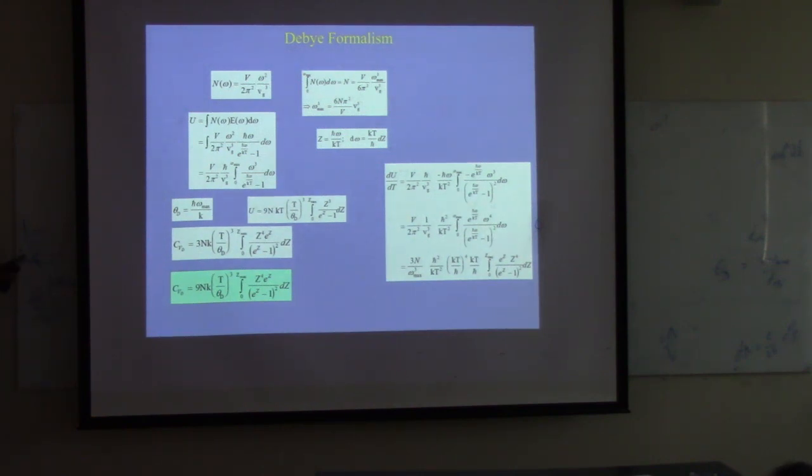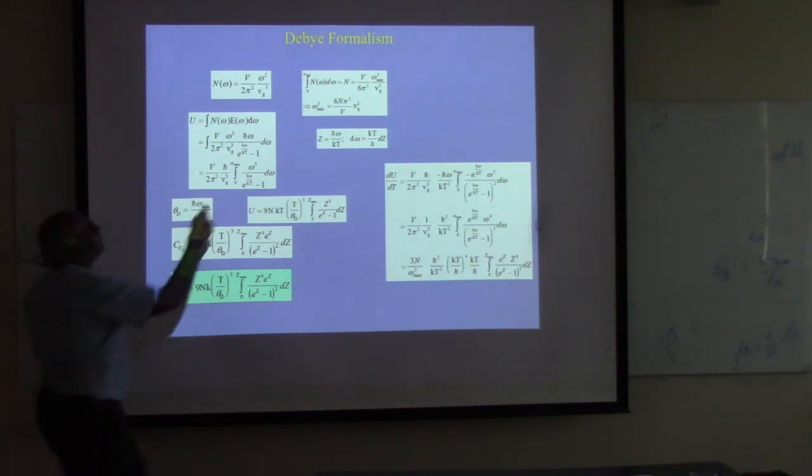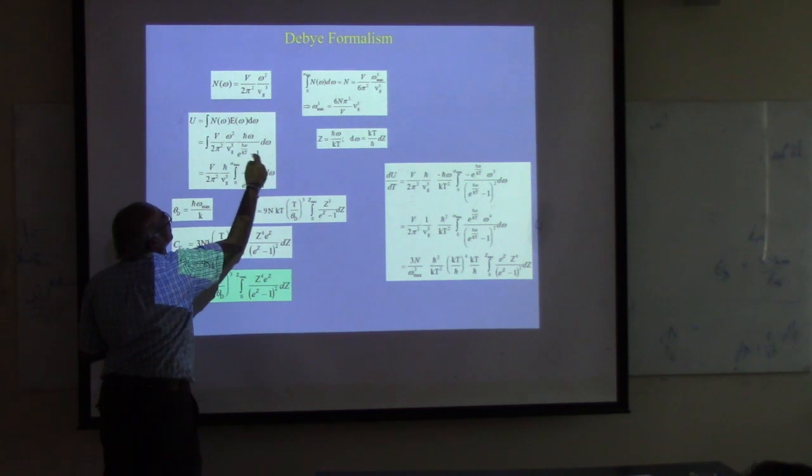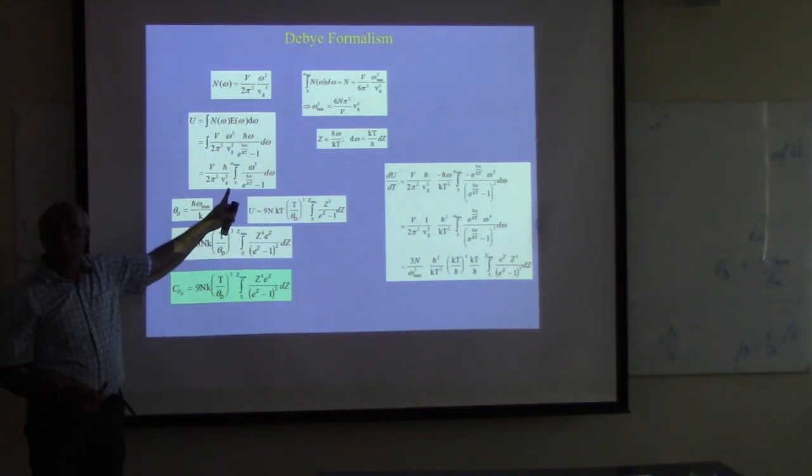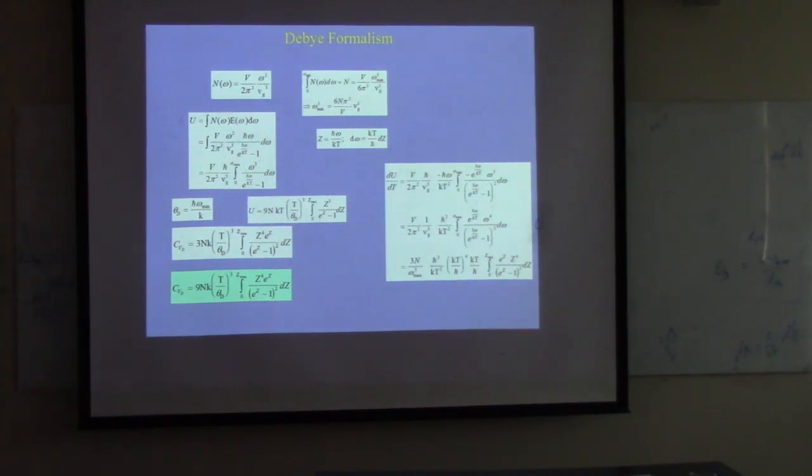Please remember, for one oscillator, the average energy of an oscillator is given by h cross omega divided by (e to the h cross omega over k_B T, minus 1).